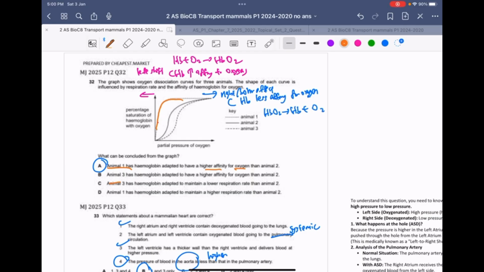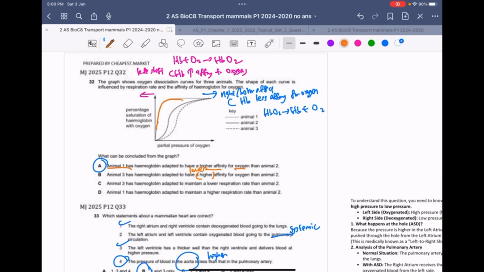So number B is wrong, because they say that animal 3 has a higher affinity for oxygen than animal 2. So this will be the lower affinity. And then number C, the animal 3 with the hemoglobin adapted to maintain lower respiration rate than the animal 2.